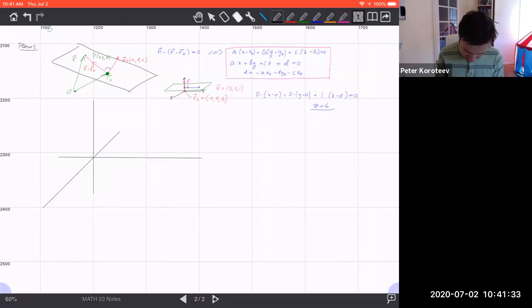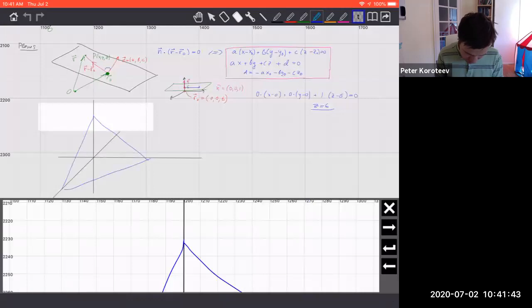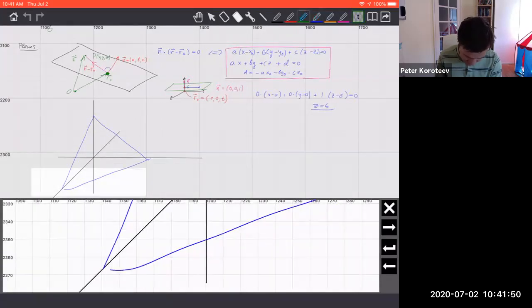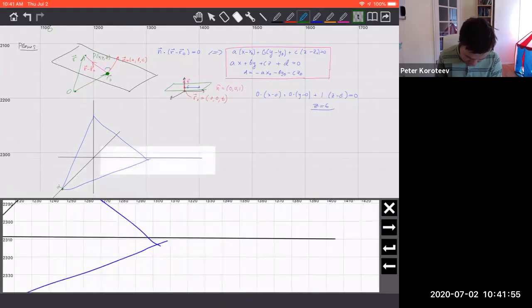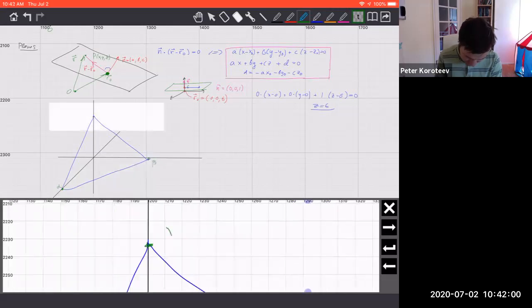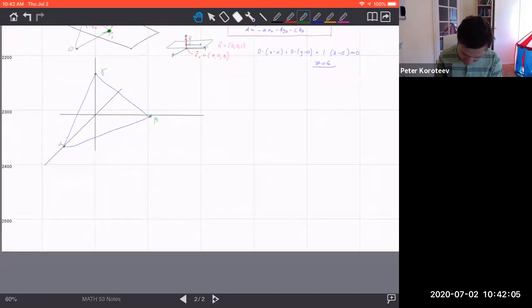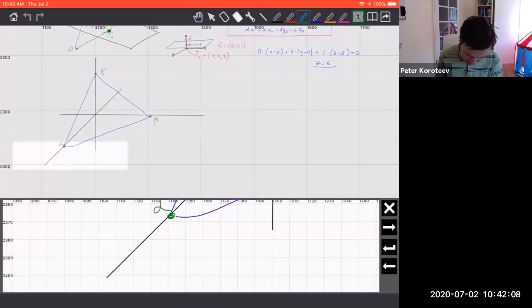There is a plane that contains this triangle, which connects the points alpha, beta, and gamma on the axes, where alpha, beta, and gamma are just some positive real numbers.